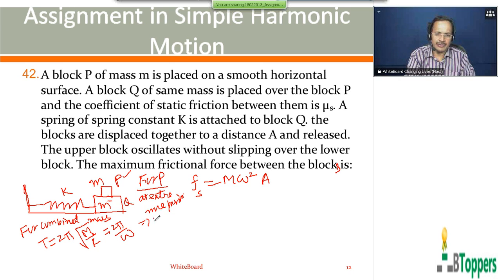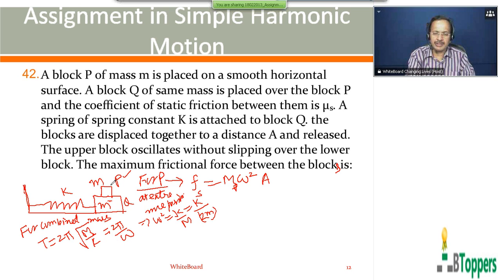So omega square you can write as k by m. Here total mass you can write as 2 times the mass of each block. Here, the resultant force on block P in the horizontal direction, I mean with respect to the laboratory frame of reference, which is considered to be an inertial frame.